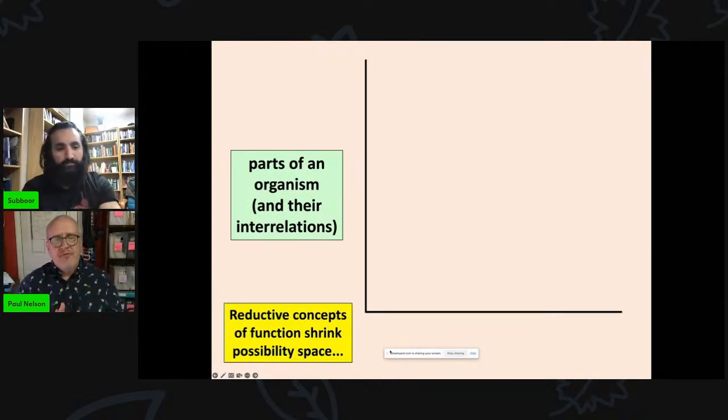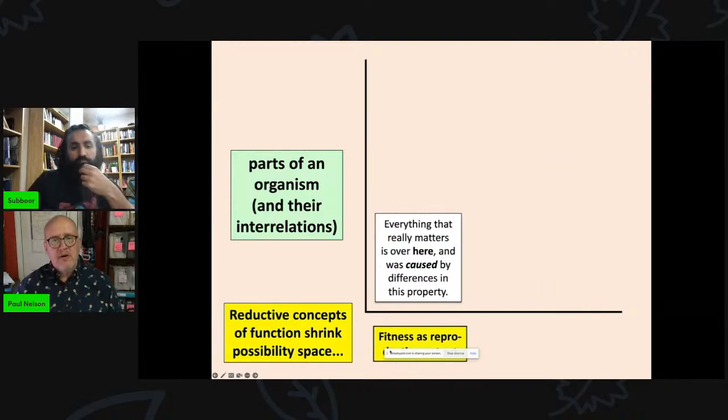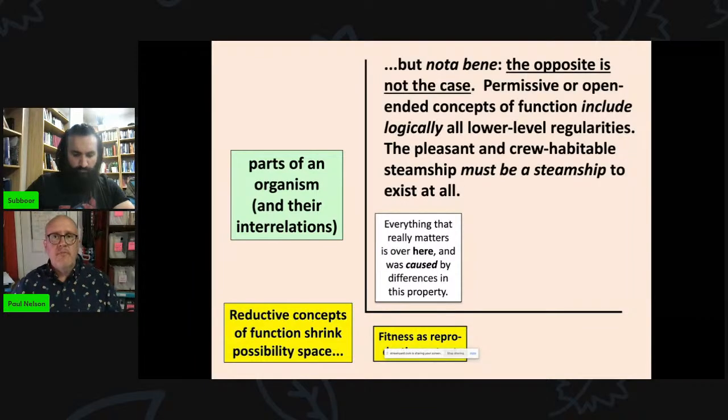Reductive concepts of function shrink possibility space. They pull you down towards this corner. So fitness, assessed as reproductive output, is going to pull you over here, down into this corner of your possibility space. And you say, well, look, everything that really matters is down in this corner because it's the cause of everything that we see. And again, this is the view of people like Dan Graur, Moran, and so forth.